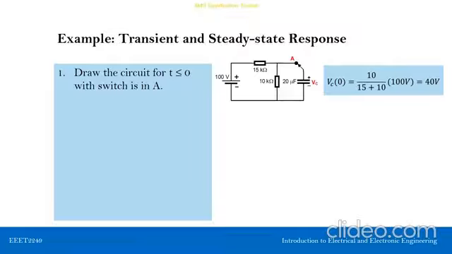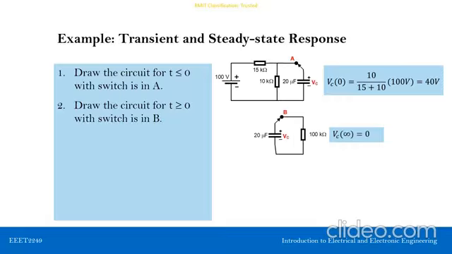Step 1 was to draw the circuit for t less than or equal to 0 with the switch in position A, and then calculate V0, which is 10 divided by 15 plus 10 multiplied by 100 volt, which gives us 40 volt. And then step 2, draw the circuit for t greater than or equal to 0 with the switch in position B. In this case, calculate the Vc infinity, which is 0.